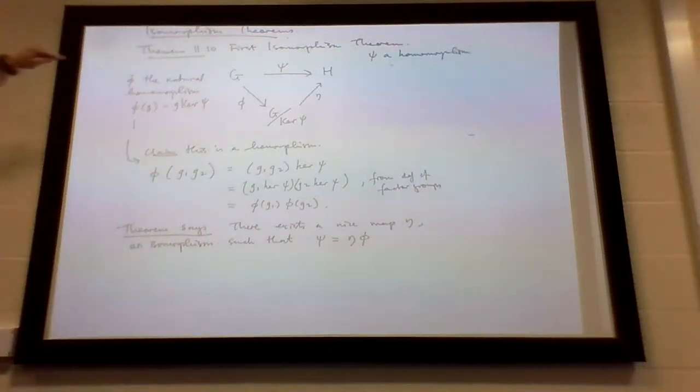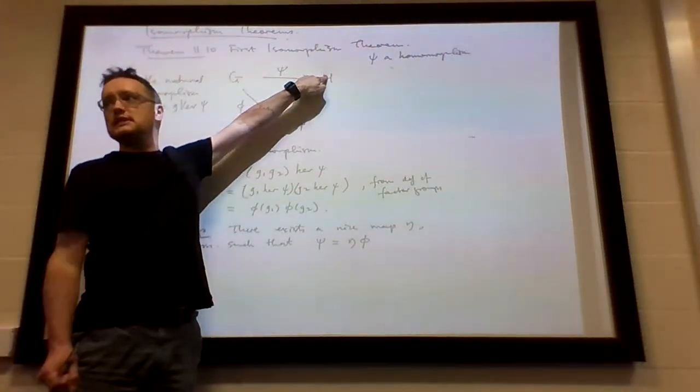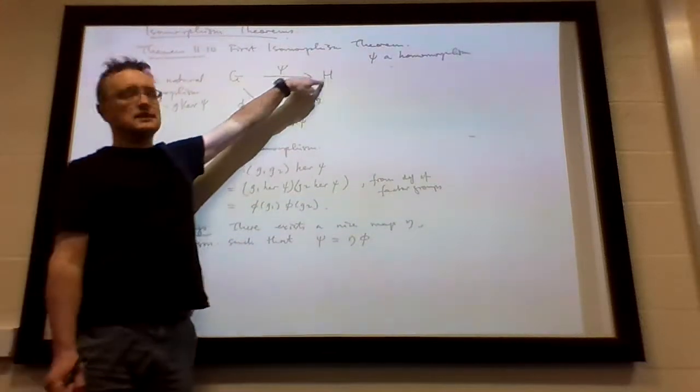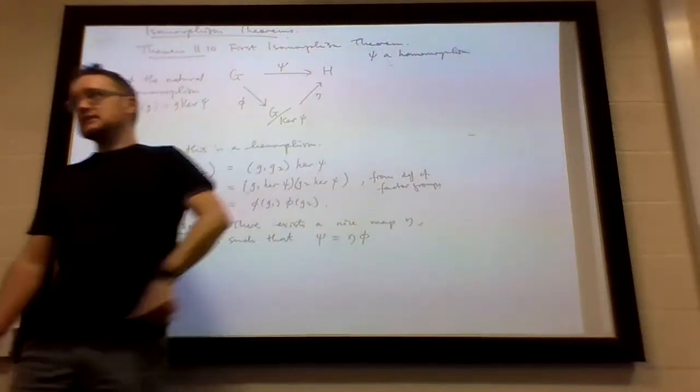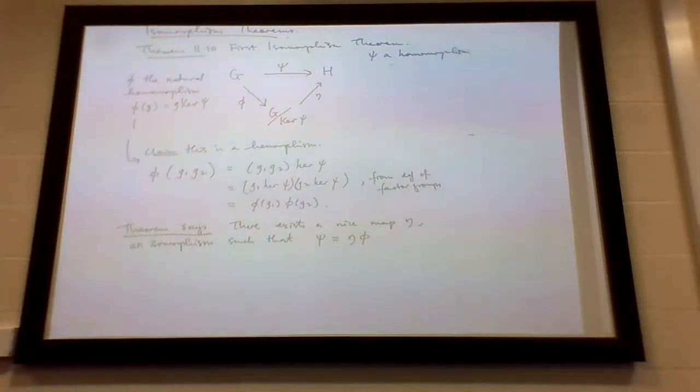So that to start in G and go to here is the same as going here first and then there. And there is only one such map.